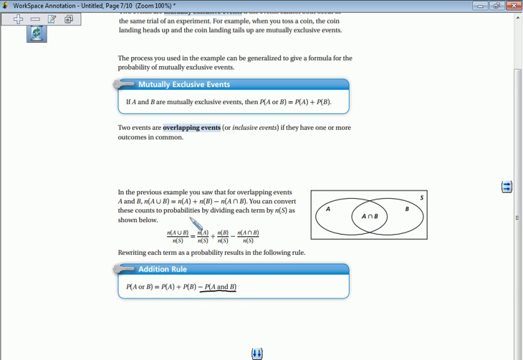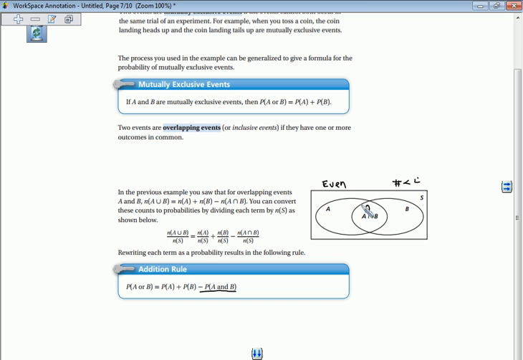So when we have events that can occur at the same time, that are not mutually exclusive, let's go back to that number cube. What if I said the probability of rolling an even number or a number less than 4? For an even number, we'd still have 2, but this time the 2 is even, and it's also a number less than 4, isn't it?